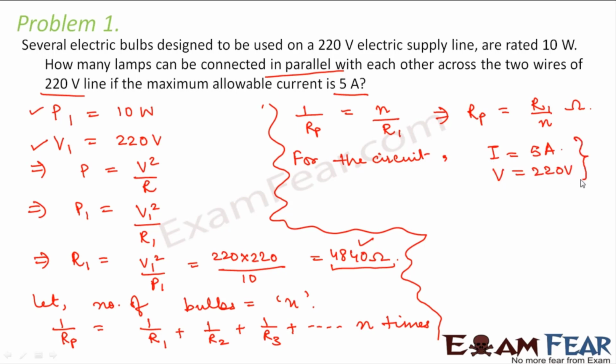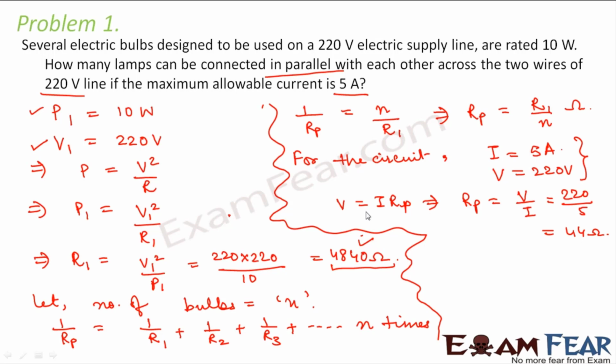So using this data from Ohm's law, we can calculate the value of equivalent resistance of the circuit. If the equivalent resistance of the circuit is Rp, we can say V is equal to I into Rp, right? So from this we can calculate Rp as V by I, that is equal to 220 divided by 5, which comes out to be 44 ohms.